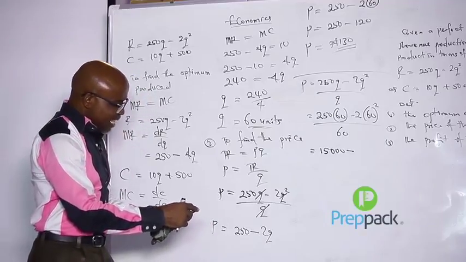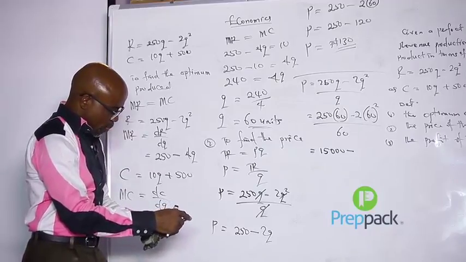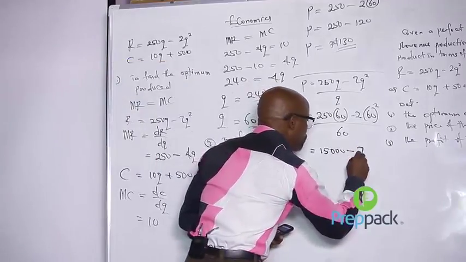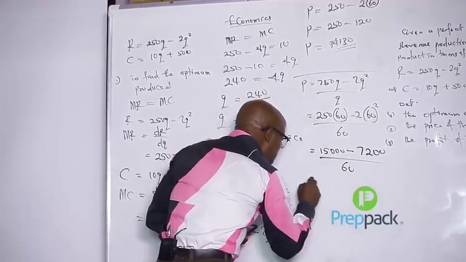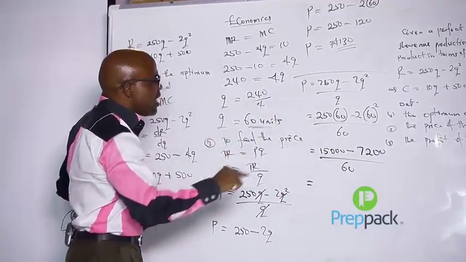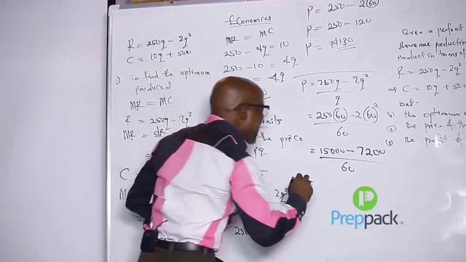You get 3,600 times 2. You will now get 7,200 over 60. Then that will give you 15,000 minus 7,200 gives you 7,800.